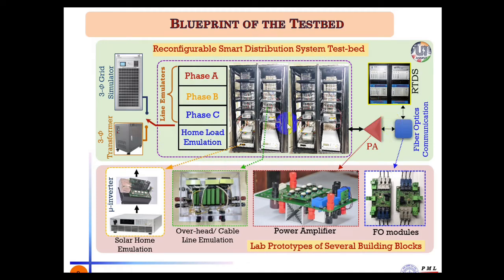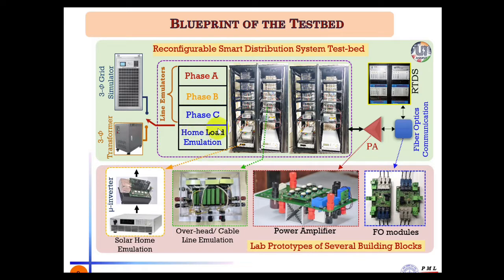So if we look at the distribution system emulator, it consists of different levels. The top level is phase A, next is phase B, next is phase C. All these racks are interconnected to each other. So line modules can be placed in each one of these racks and interconnected, and they can be interconnected to represent a longer line.